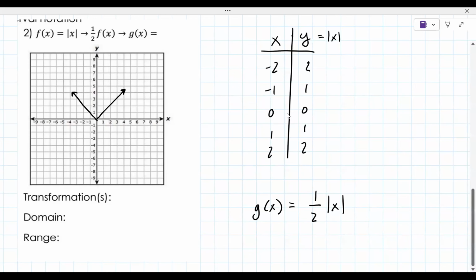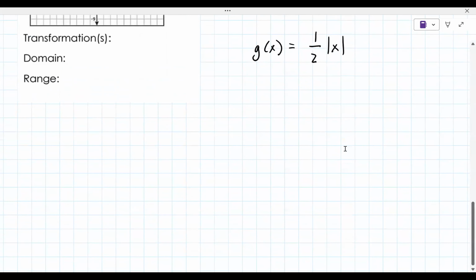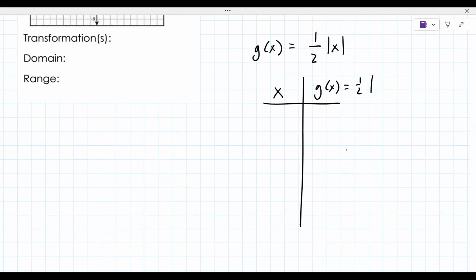So the difference now is, when you put your numbers into this table, x and then g of x, which equals 1/2 absolute value of x, -2, -1, 0, 1, and 2. This first one here is 1/2 the absolute value of -2. What is the absolute value of -2? It's 2, and then half of 2 is 1. Okay, that's fine.